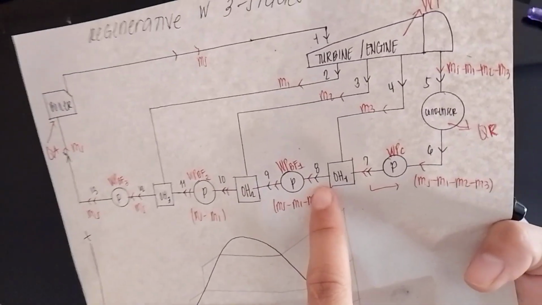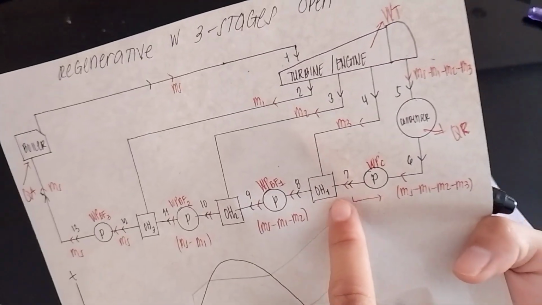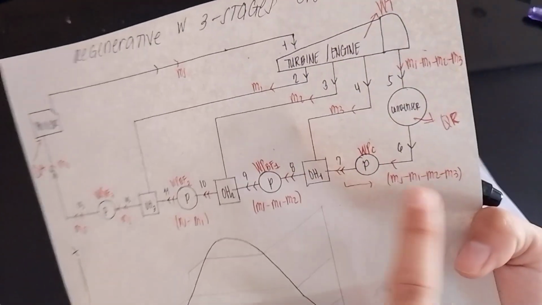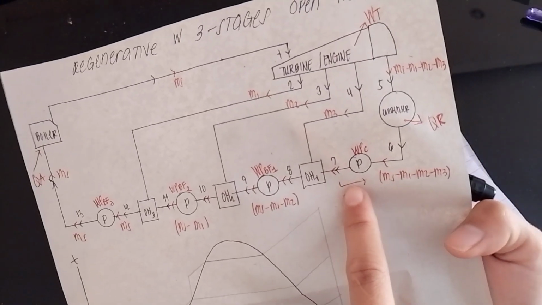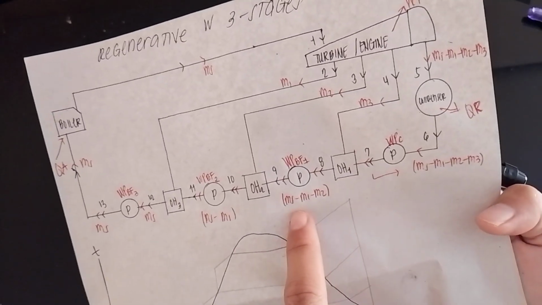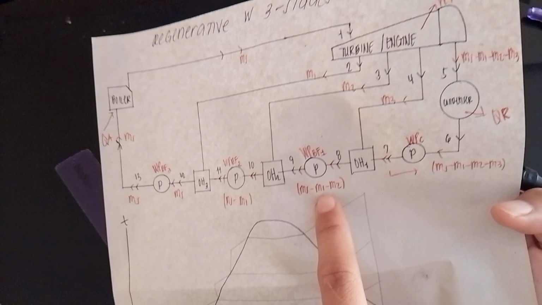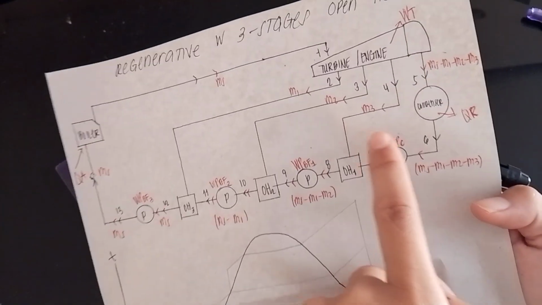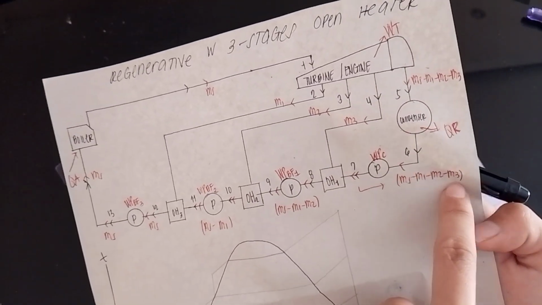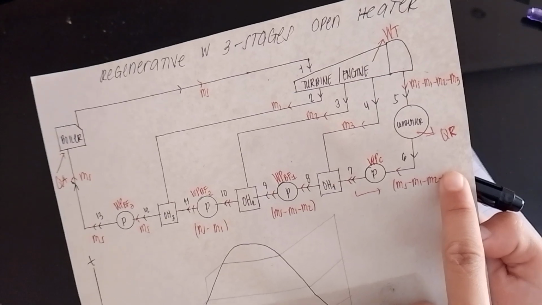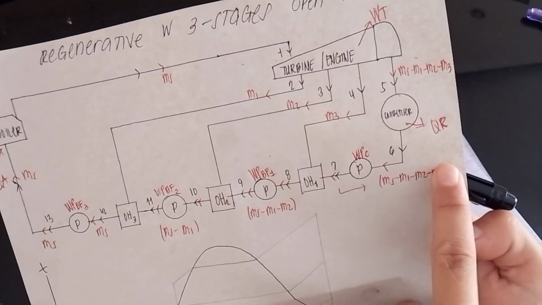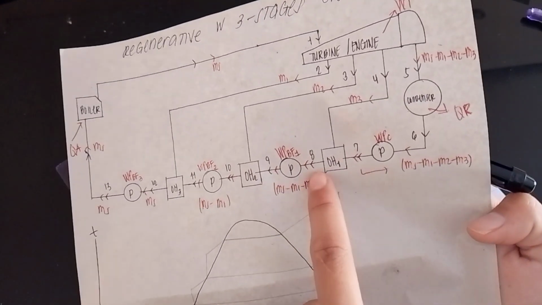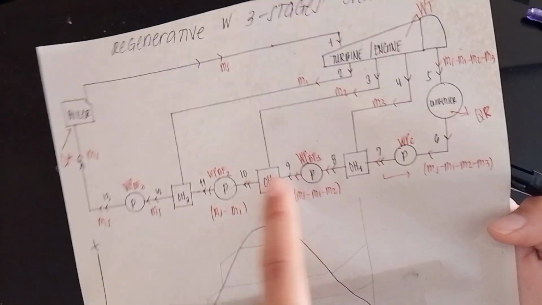But, pag-abot diri sa pag-agi niya sa open heater 1, nagsugat si M3 og ang kani nga mass. So, therefore, mabilin na lang si MS minus M1 og si minus M2. Kay makancel man si M3 diri og si M3 diri, so makancel siya. So, ang mabilin, which is MS minus M1 minus M2. Sa kuha na siya sa state 8 and sa state 9.